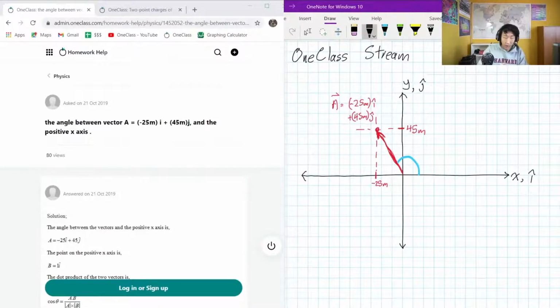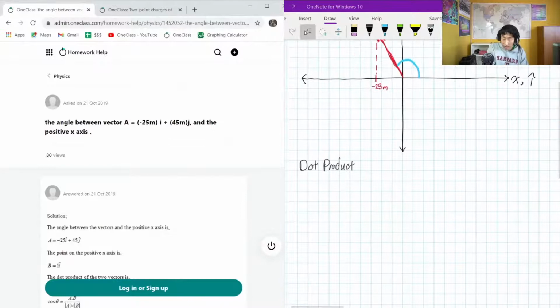So one way that we can solve for this angle is with the magic of the dot product. So our dot product formula looks a little bit something like this.